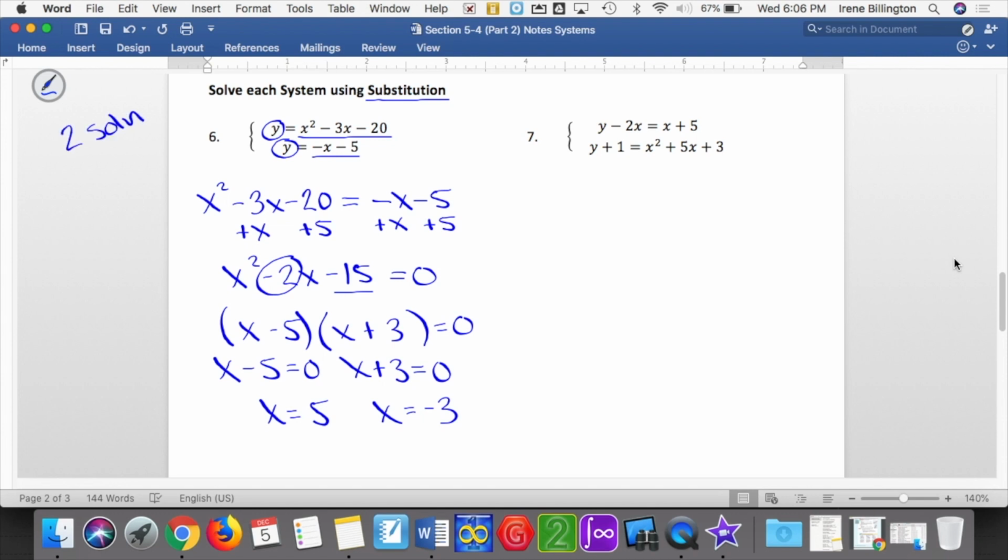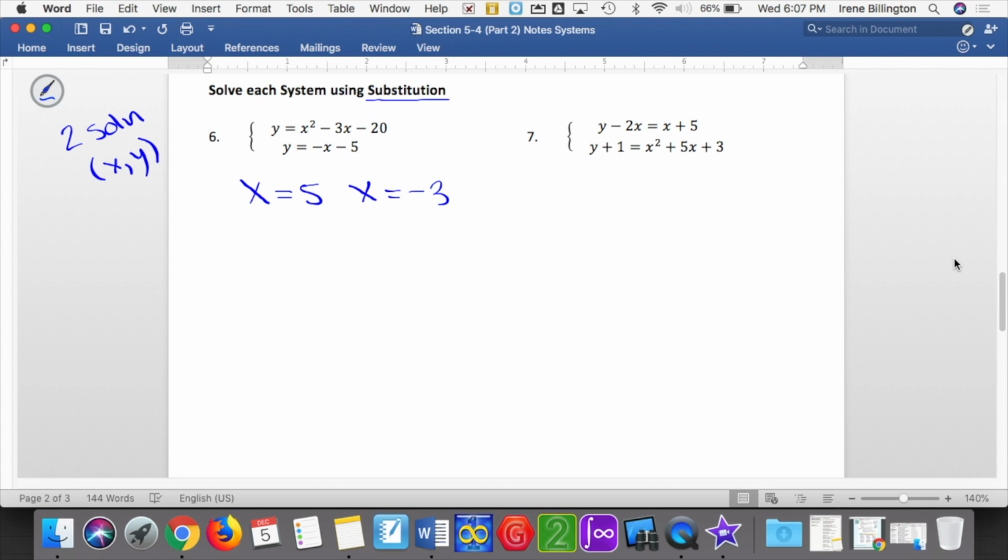to this system. To find those solutions, remember solutions are written as ordered pairs. To find those, we need to take our x values and find the corresponding y values. So again, our two solutions for x were 5 and negative 3. You're going to pick one of your equations from the original problem and substitute the x value in.